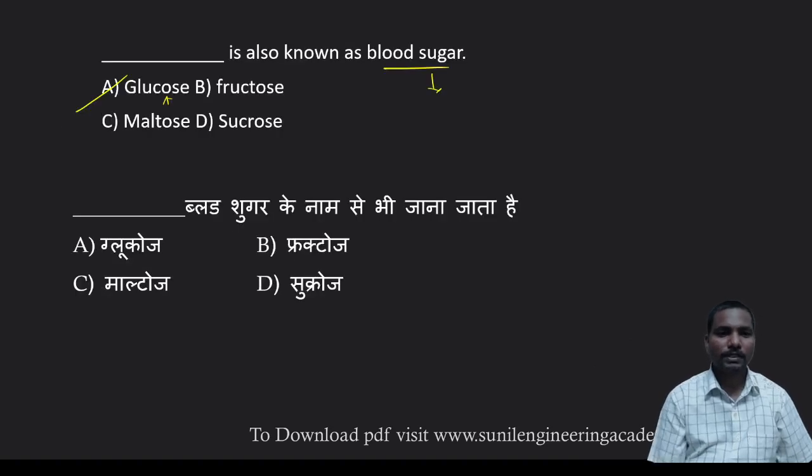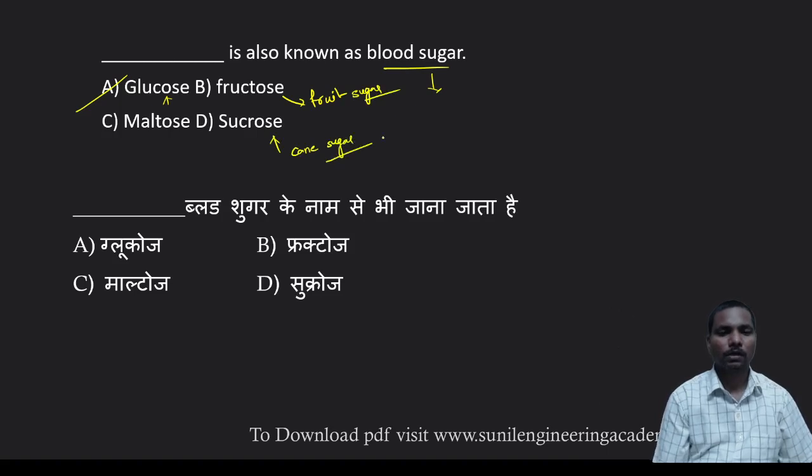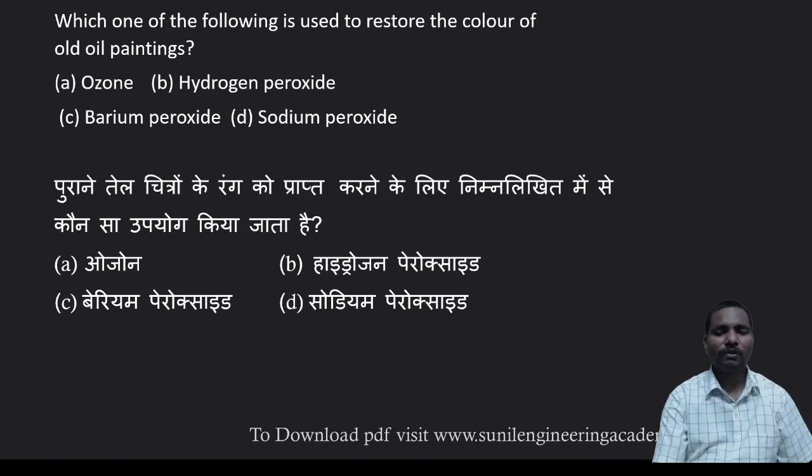If you consider fructose, it is a fruit sugar. Sucrose is nothing but cane sugar, from sugar canes. Now, which of the following is used to restore the color of old oil paintings?